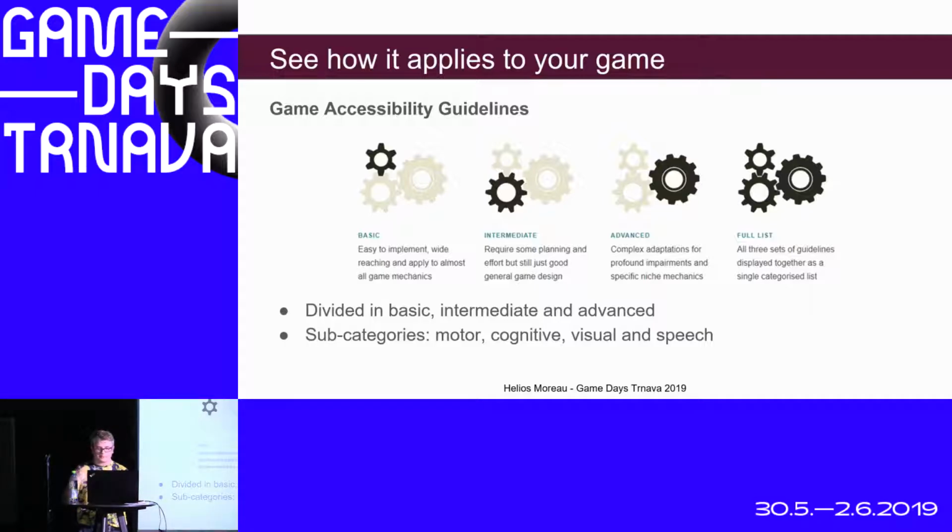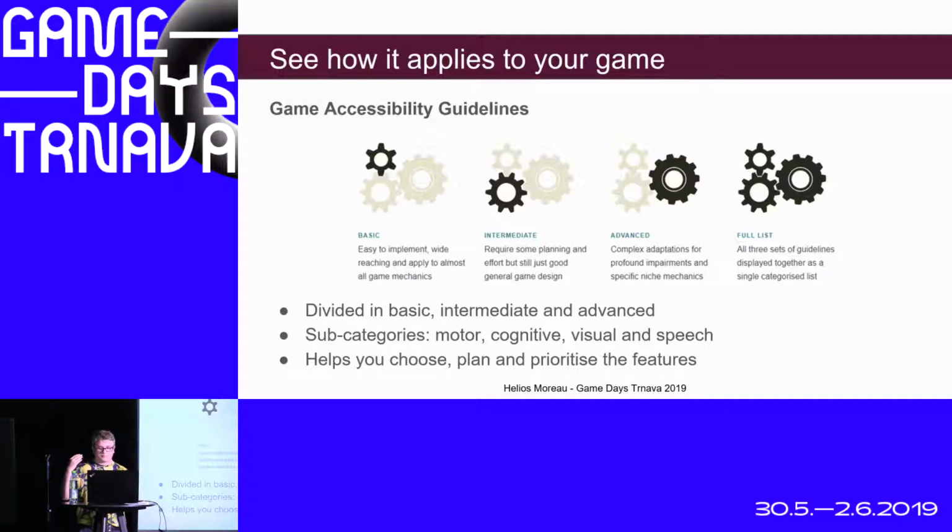So as I said earlier, motor, cognitive, visual, and speech. This is a very great resource, and those guidelines are very important because by reviewing them, you will have the possibility to choose what's relevant to the game you are designing and according to your own production constraints.